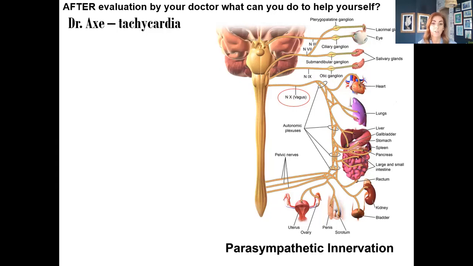So your vagus nerve is going to help carry that parasympathetic flow to your heart. And remember, parasympathetic slows the heart rate down. So if you have tachycardia, then you can work on increasing your vagal tone with these various vagal maneuvers in order to help yourself.